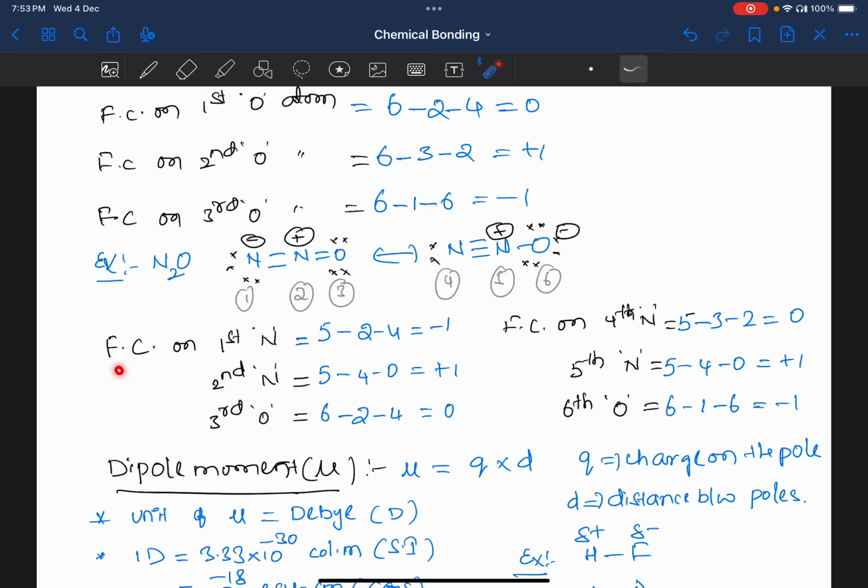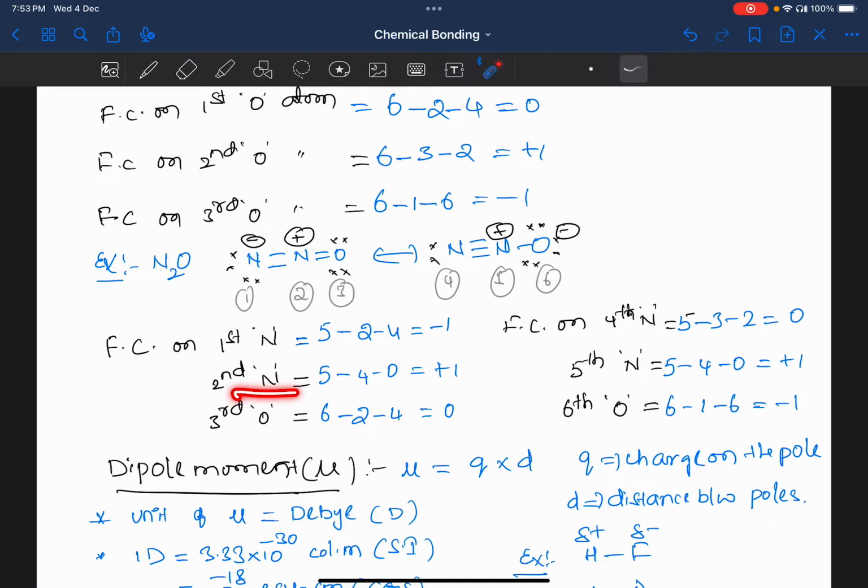Now find the formal charge on the first nitrogen. Its valence electrons are 5, and the number of bonds beside this nitrogen is 2, minus the number of paired electrons, which is 4. So that is 5 minus 6, which is equal to minus 1. Therefore, here I kept a minus charge.